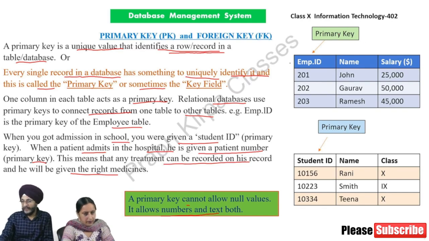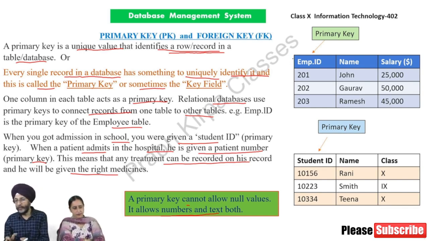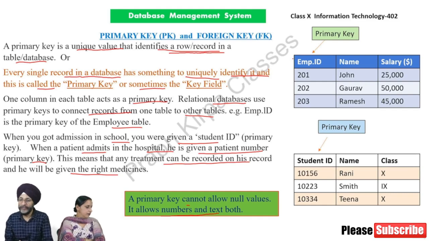Suppose there are 1000 students in a school. The students may have similar names. There may be two or three or more students having the same name.